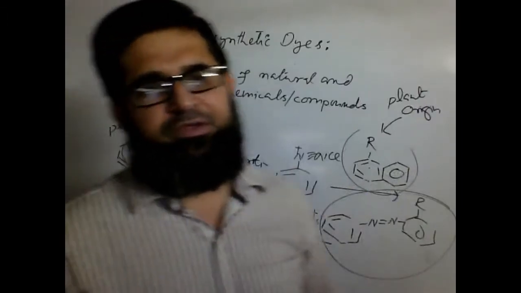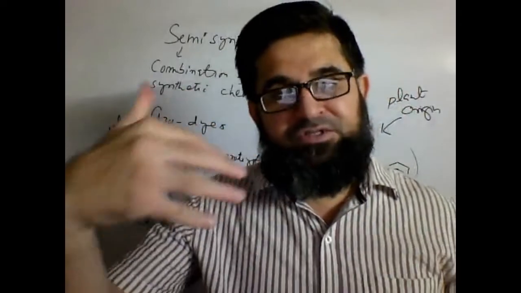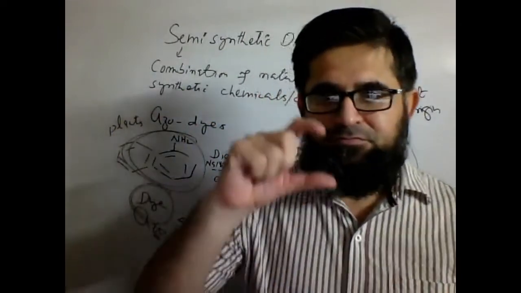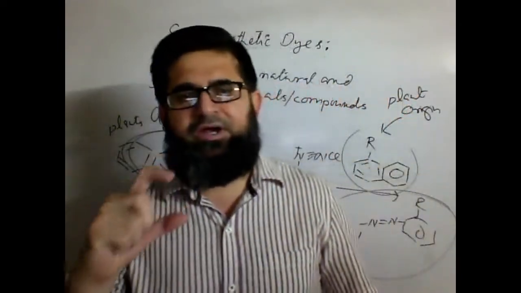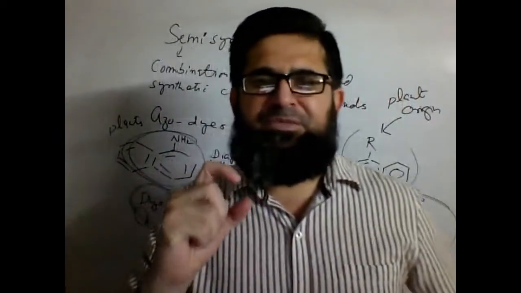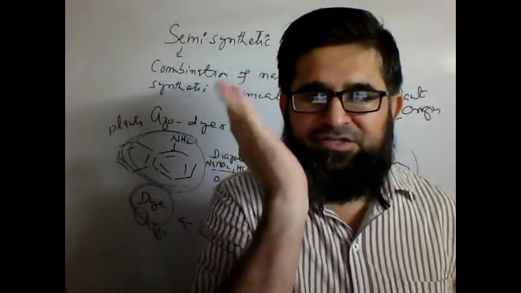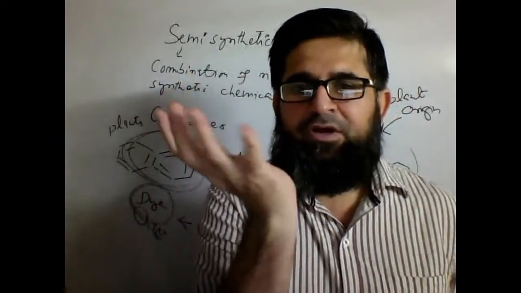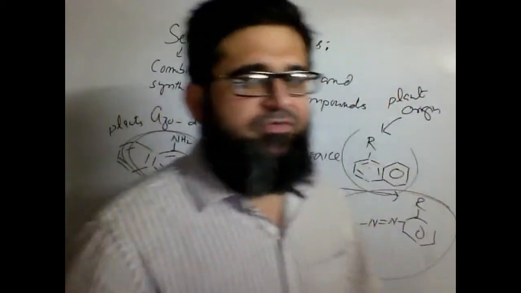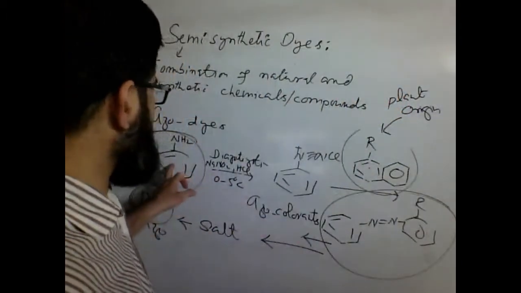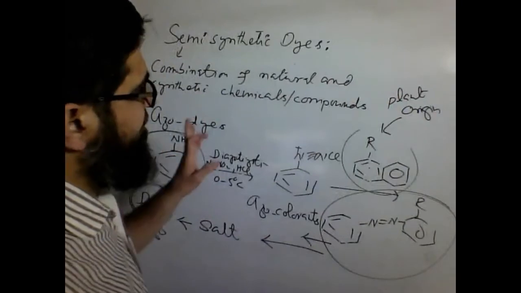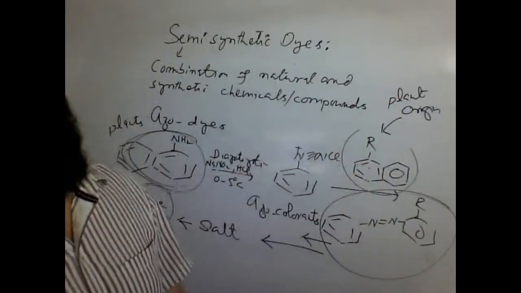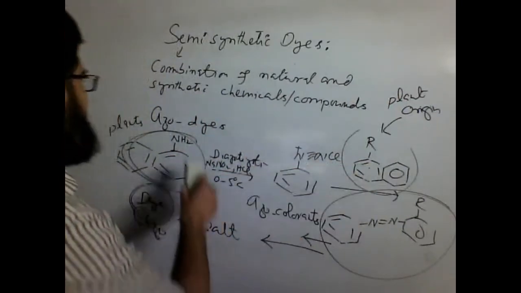That dye will be called a semi-synthetic dye. So this is how I'm trying to give you an idea about the basics of semi-synthetic dyes. They're half synthetic, of industrial origin, and the other half of the part is from the plant origin. So this is how they are called semi-synthetic dyes.